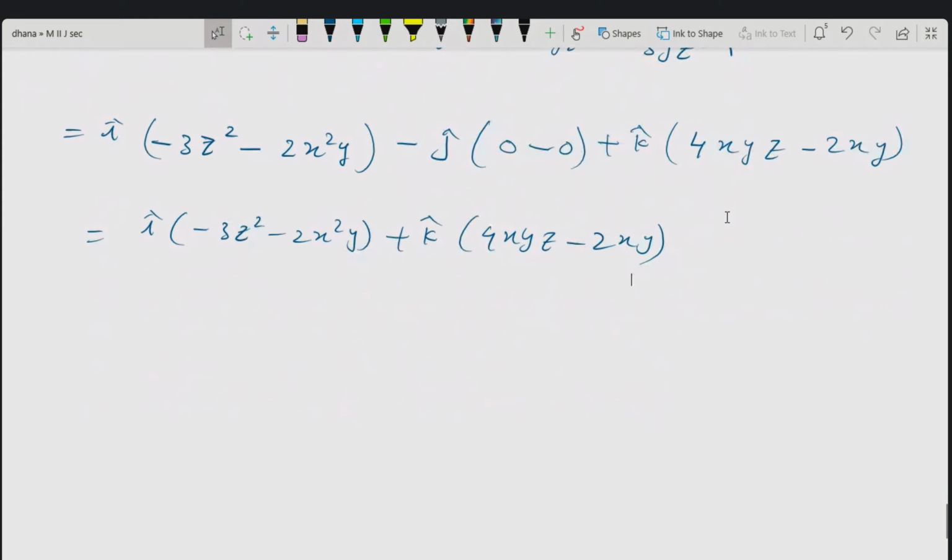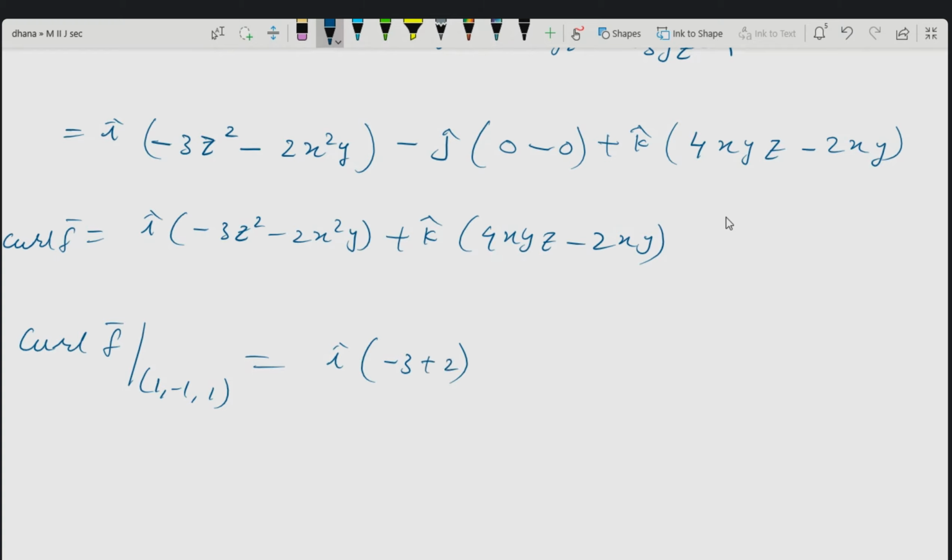Okay. So now this was the curl of f bar. Now you need to calculate this curl of f bar at the point 1, minus 1, 1. So just replace x, y, z with 1, minus 1, 1. This is i cap times (minus 3 minus 1), and this will be plus 1, you will get plus 2.